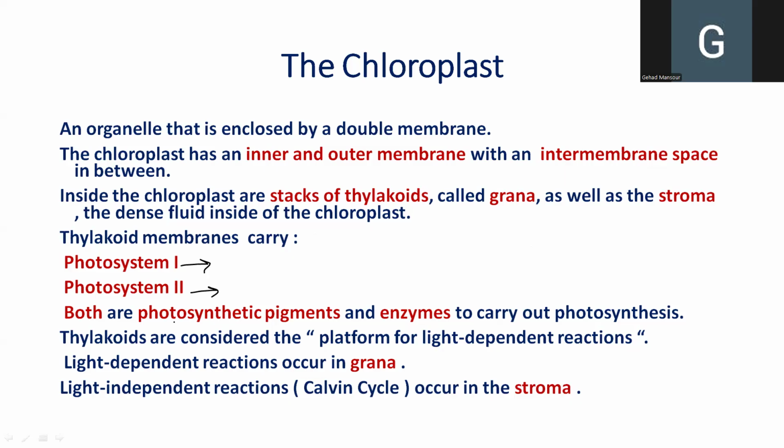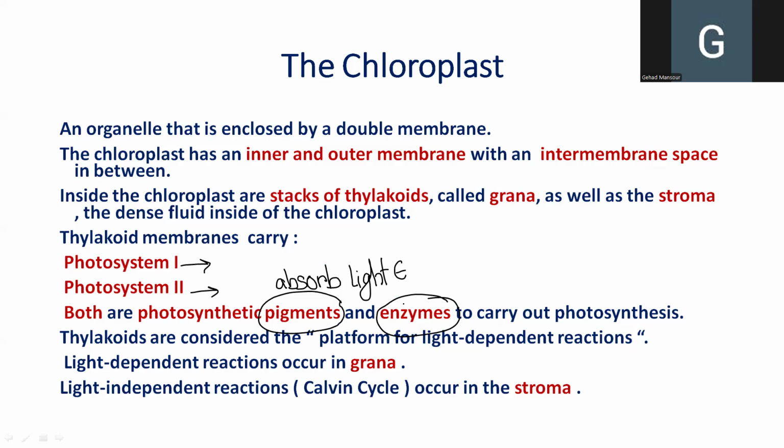A photosystem is nothing but a group of photosynthetic pigments capable of absorbing light energy, and a group of enzymes that catalyze certain chemical reactions and do other functions besides activation of the chemical reaction.